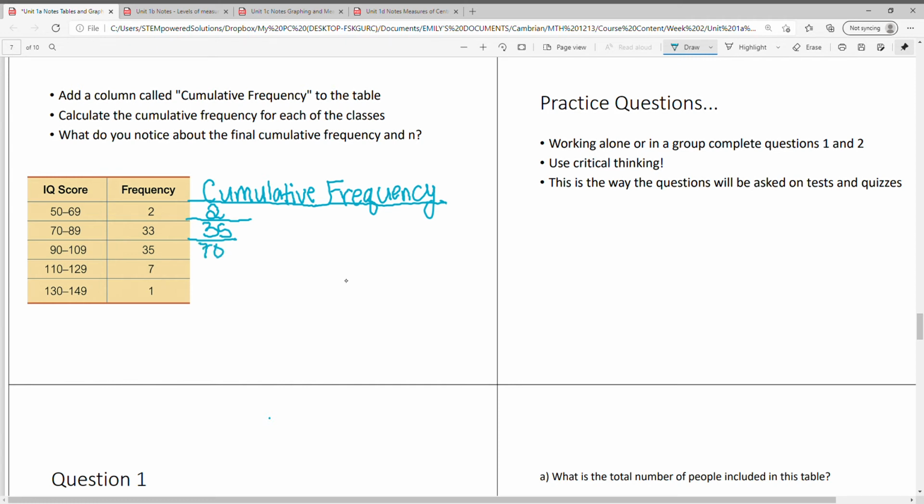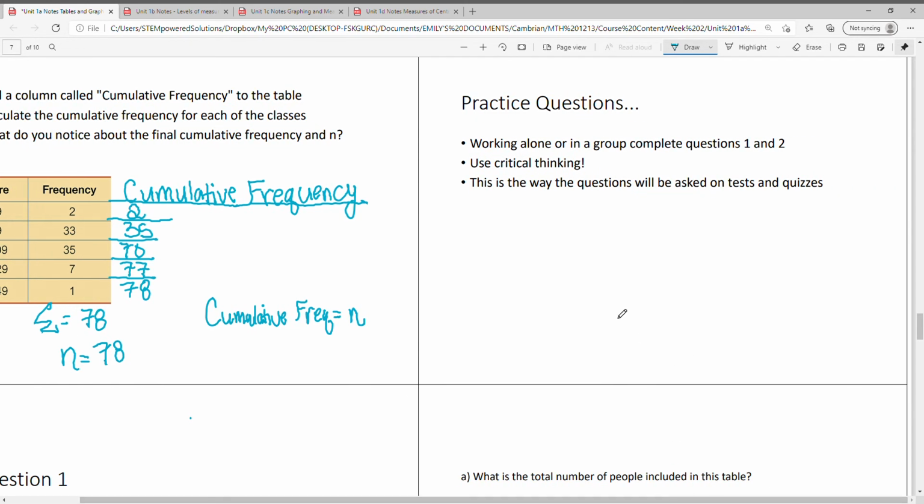Then we're going to have 70 plus 7, which is 77. And then 78. So the total frequencies equals 78, and n equals 78. So therefore the cumulative frequency equals n.